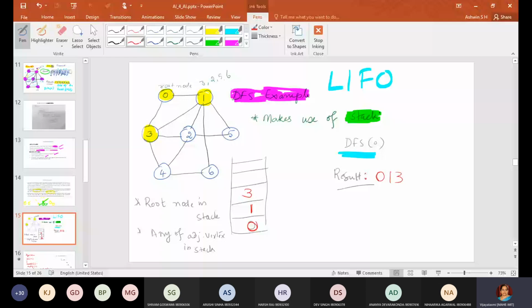Now for this 3, which are the unvisited adjacent vertices? 4, 2, 1, 0. One thing I would like to tell you people, if this was a directed graph, then you may not get these many adjacent vertices.